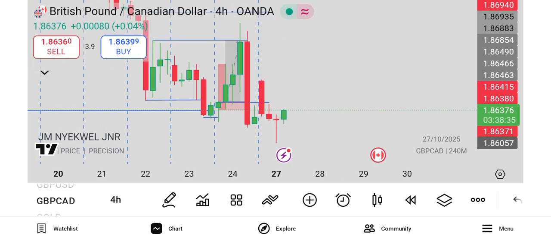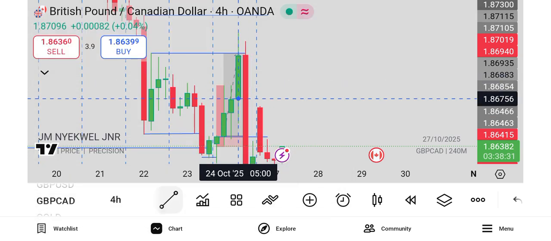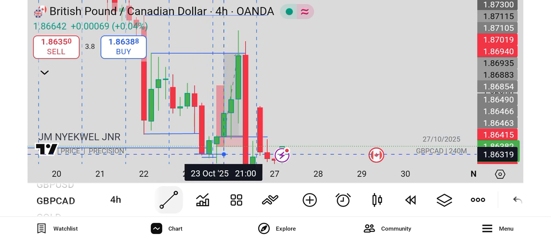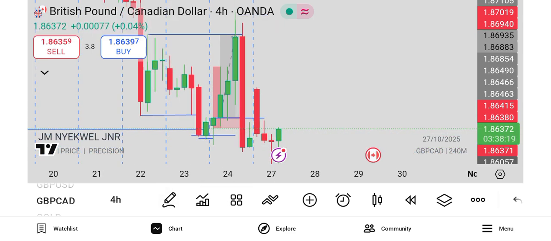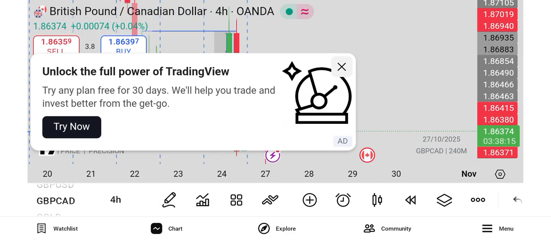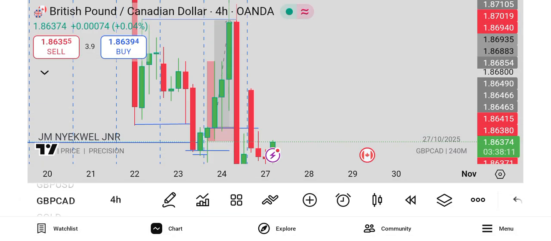So after the liquidity came back here, it gave us these two, which was our 4 hour rejection block.